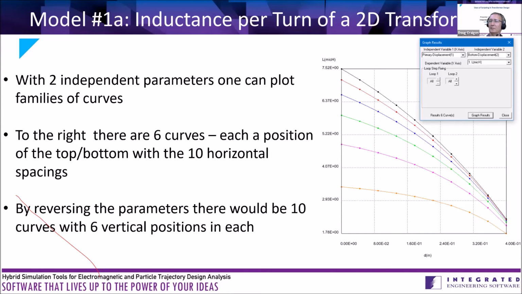So 6 and 10 or 10 and 6. Either way, I can get the software to provide me a nice summary. And when I know what I'm aiming for, I can say, okay, within the family of inductances that I'm looking for, here's kind of the widths that are giving me that per turn.